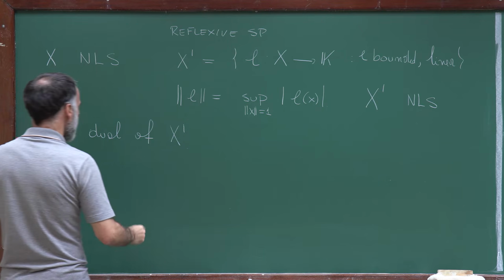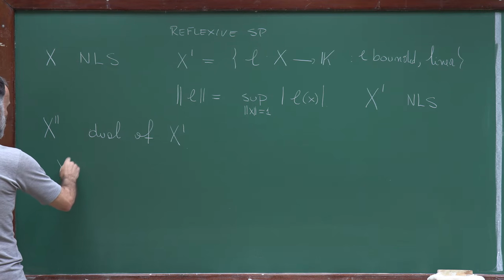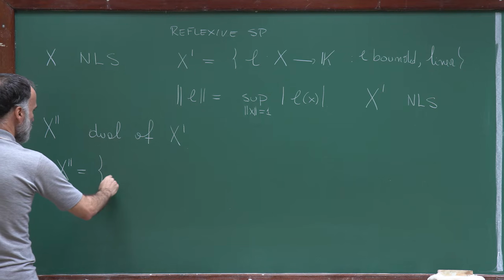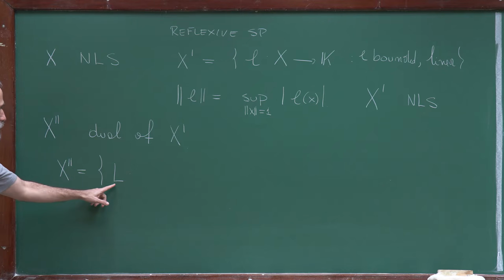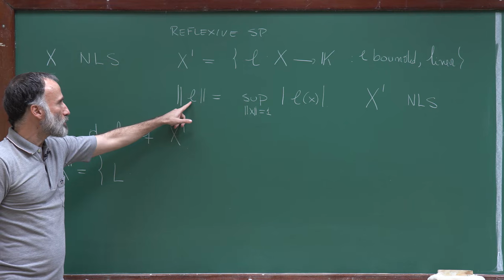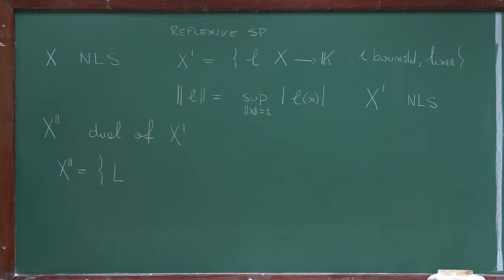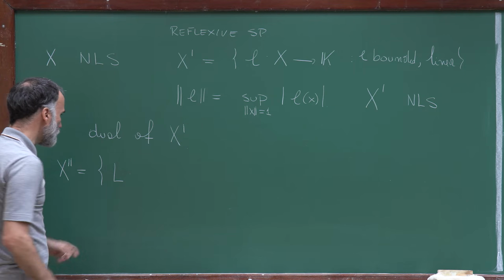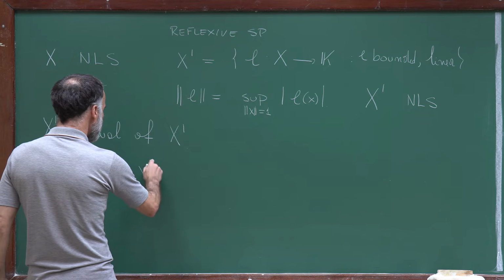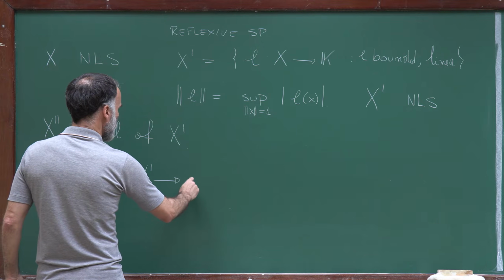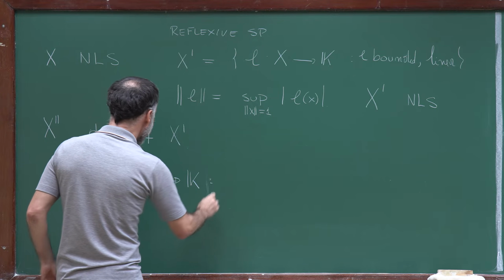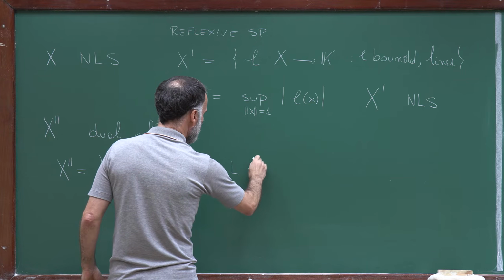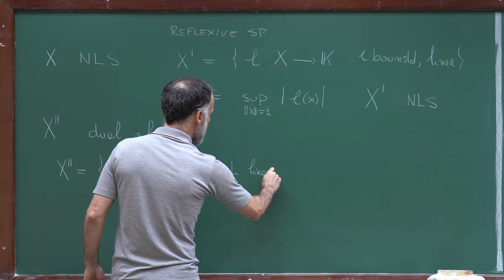So this means that X double prime is the set of all functionals L, and I will represent the elements of X double prime by capital L and the elements of X prime by small l in this lecture. So this is the set of all L from X prime to the field K, such that L is linear and it's bounded.